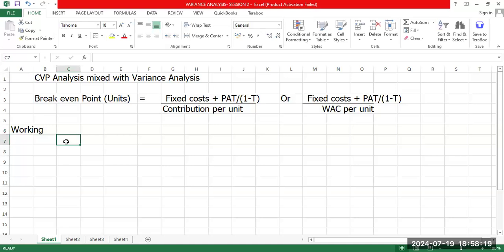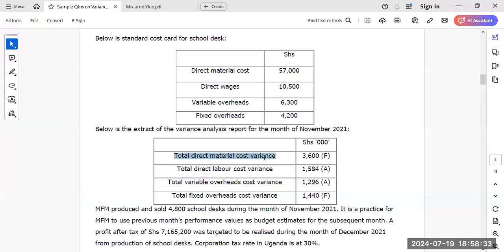But based on your previous information, we will be asking ourselves, if you're given, let's say, total direct material cost variance, how can you actually get the actual? If at all you were the one looking for total direct material cost variance, how do you get it?